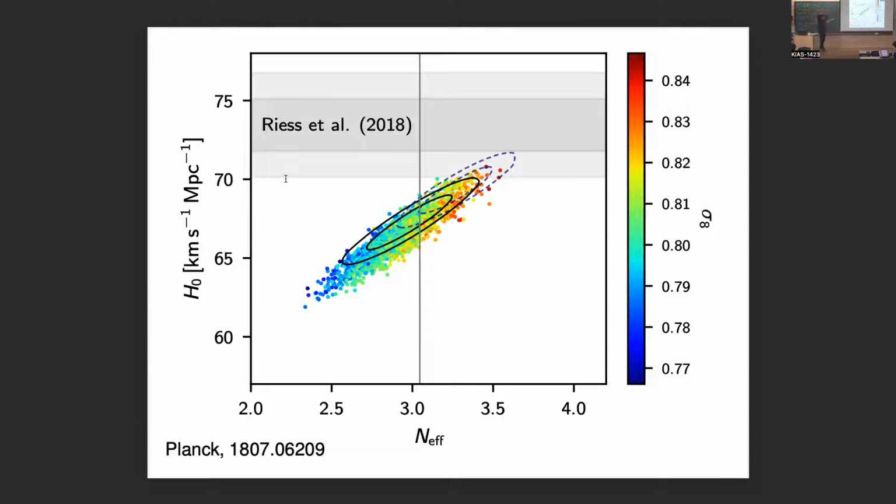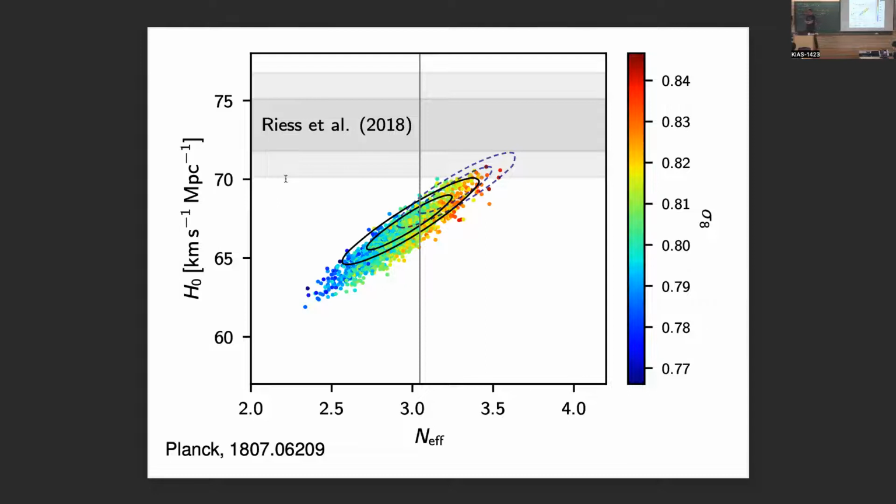It has some free streaming effects, which washes out matter fluctuations. So this tends to decrease sigma 8 again, and that might be a direction that helps to address both tensions at the same time. But I don't think anybody claims that you can solve them completely, just so easily, let's say.